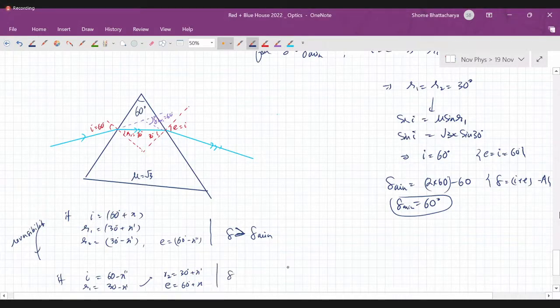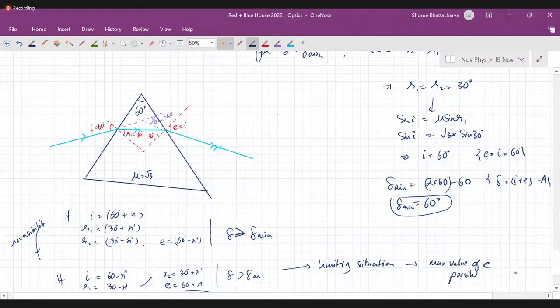Now, what is the limiting situation? Okay. So here, since we are decreasing the angle of incidence, the angle of emergence is increasing. So the limiting situation will either correspond to maximum value of E possible, which is E tending to 90 degrees, which is a grazing emergence.